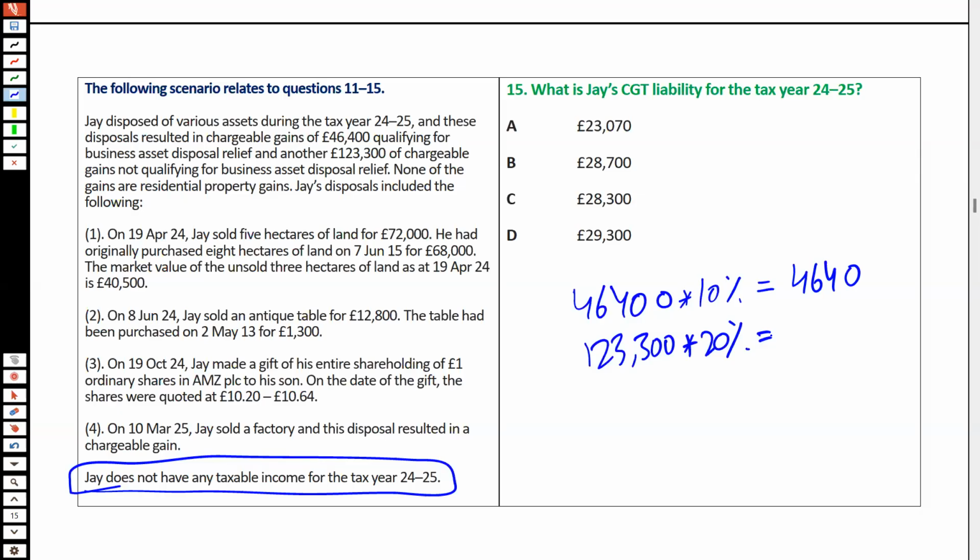So the non-BADR gains, the rest of the gains, directly fall into the higher rate.